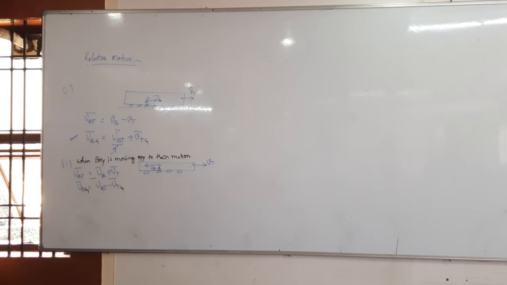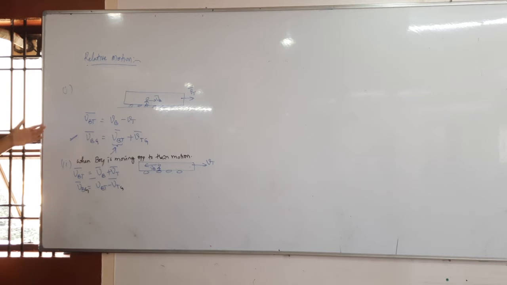Then find the relative velocity of the man with respect to the train, along the train motion. How much? What is the answer? 16.2. Obviously the answer is 16.2.